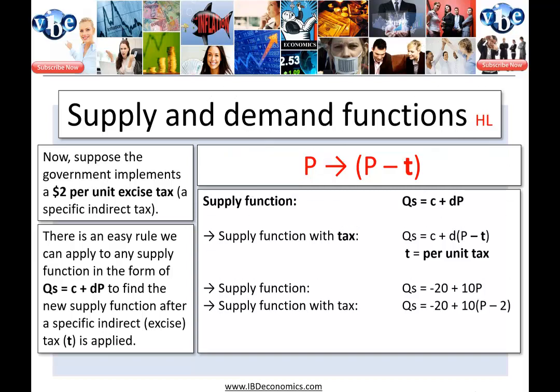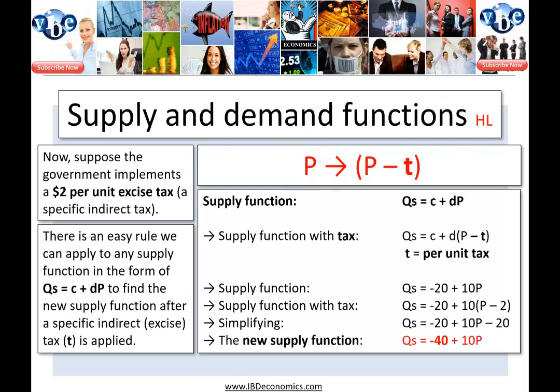Supply function, we know that the tax is 2, so we're subtracting 2 from P, the price here. Simplifying, negative 40 plus 10p, that becomes the new supply function. So pretty simple here.